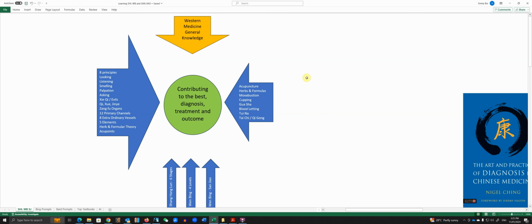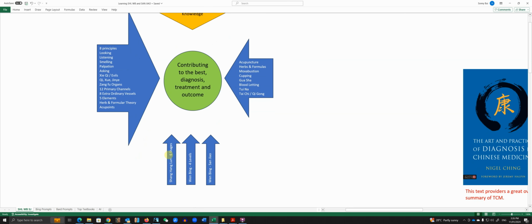On the right is your treatment skills. On the top is a certain degree of familiarity with Western medicine general knowledge. And on the bottom is where the Shang Han Lun and Wen Bing theories, diagnosis and treatment principles come in, to show that historically they have contributed quite a lot to Chinese medicine theory, diagnosis, and treatment.